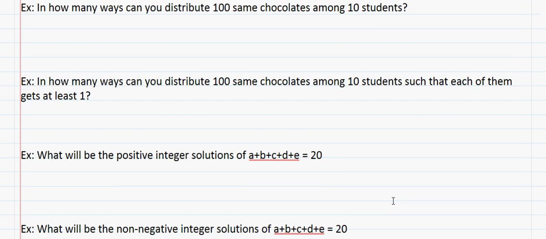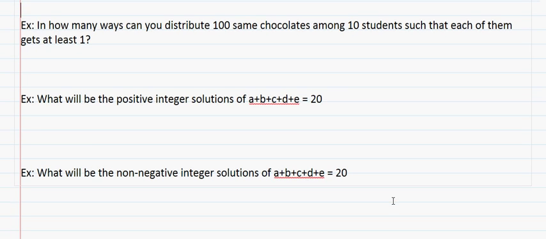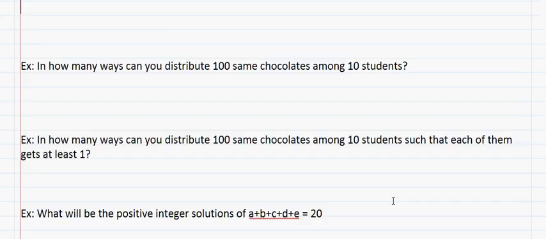So the next few questions are the same, right? The first question says, in how many ways can you distribute 100 same chocolates amongst 10 students, right? So there are 100 similar objects. You have to place 9 blinds, right? No condition is given.